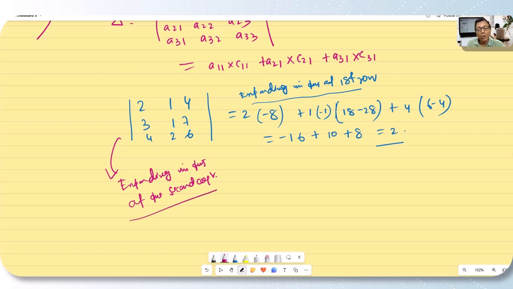That is, 1 into this element, which is the 12 element, C12, again this 1 into C22, and then plus 2 into this element, the 32 element, into C32. I am doing this carefully, because expanding in terms of the first row we have done before. Here, when you are doing it, I will write all the cofactors, not mentally, but writing exactly what the cofactor is.